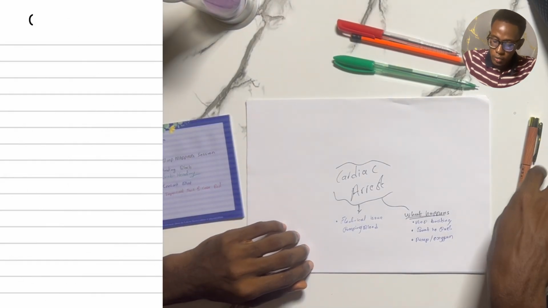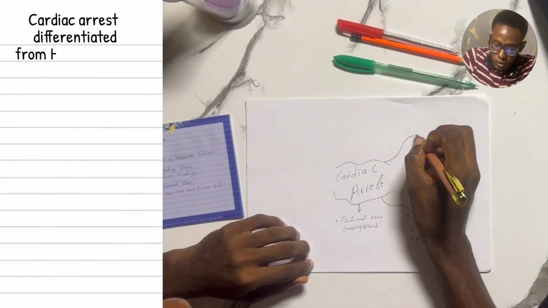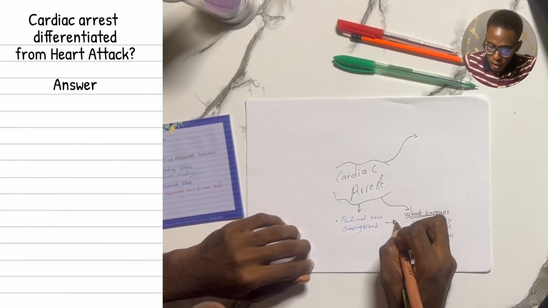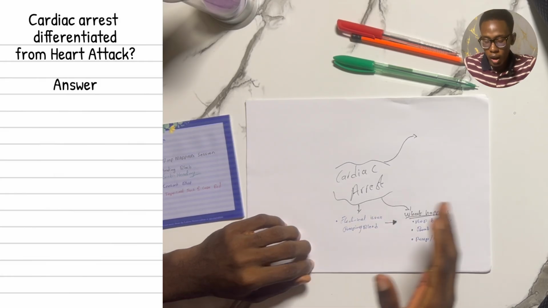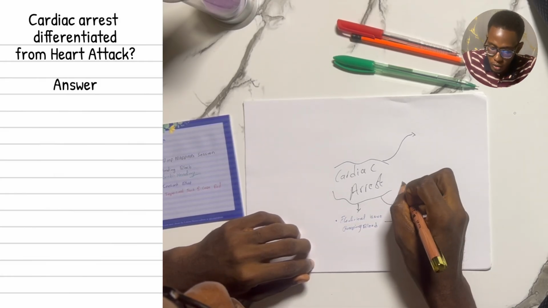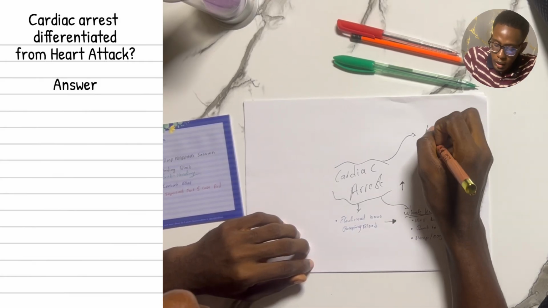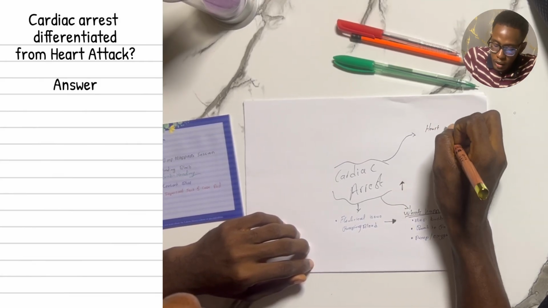Now, next question. So right here, drawing the arrows for indication of how the information is going. Next, heart attack differentiated from cardiac arrest.